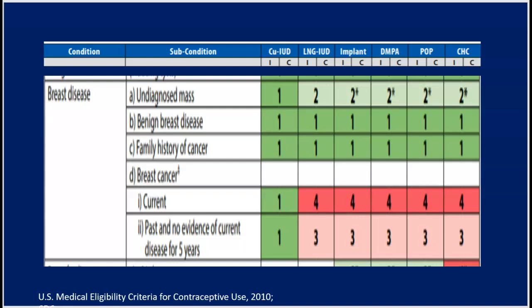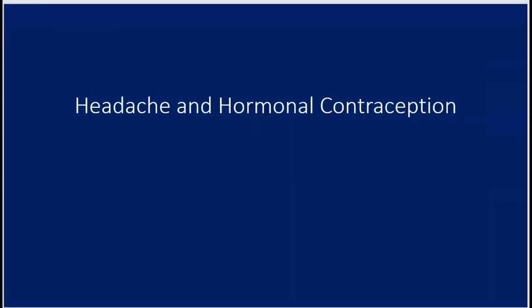And certainly the risk probably outweighs any benefit. But other than that, such as family history of breast cancer, benign breast disorders, and so forth, there is no reason that any form of contraception should not be used.